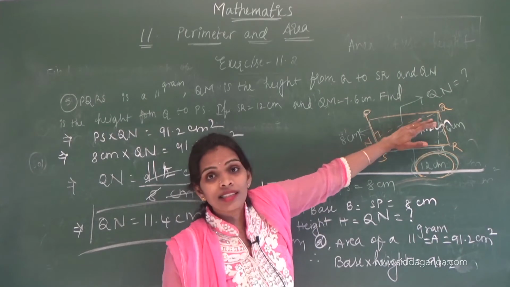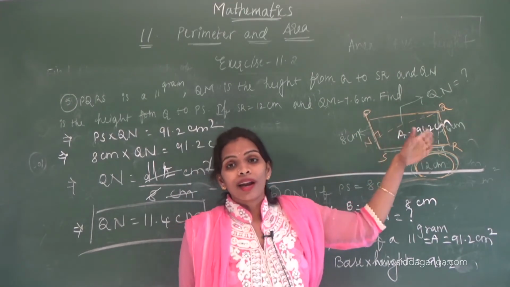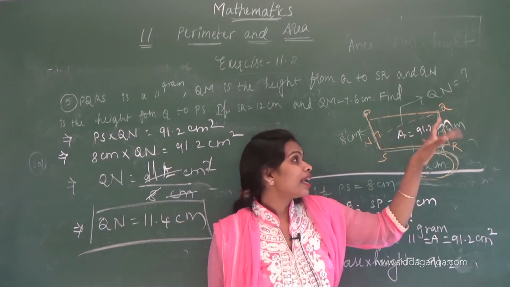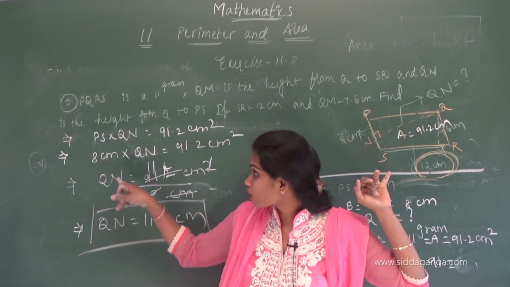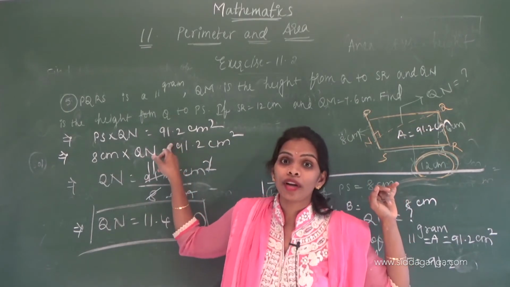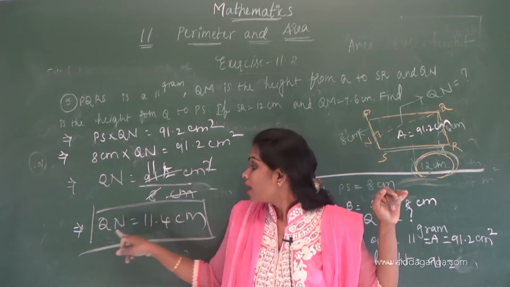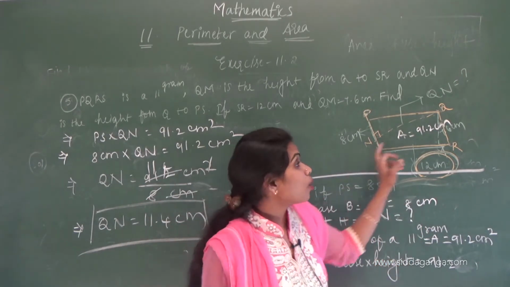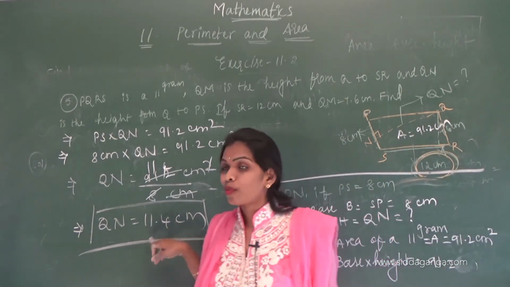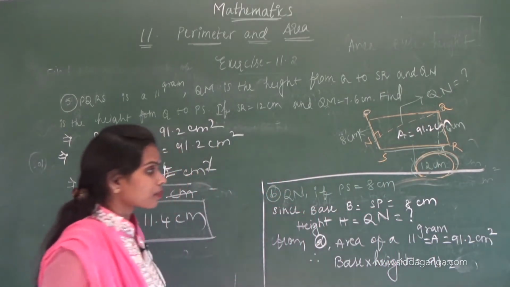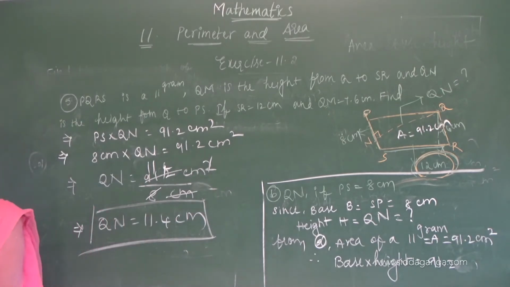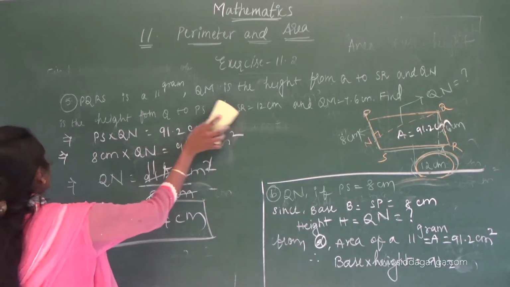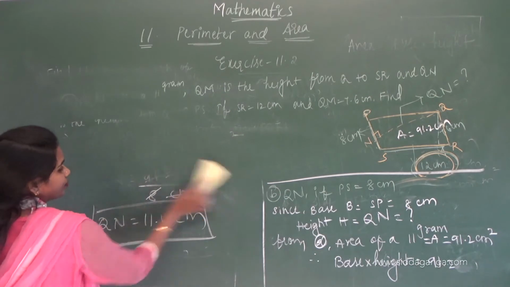If this is like this, area we know, but the two parallelogram constraints, area is same, that's why I am taking here also area same 91.2, and I am finding the QN value, that is base of a parallelogram regarding Q, as 11.4. Okay children, just move on to the next question.